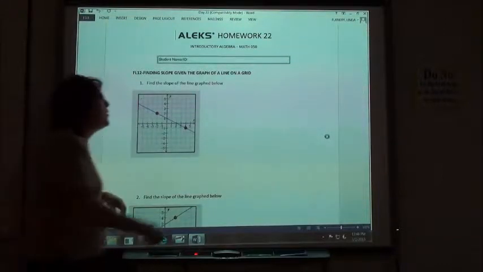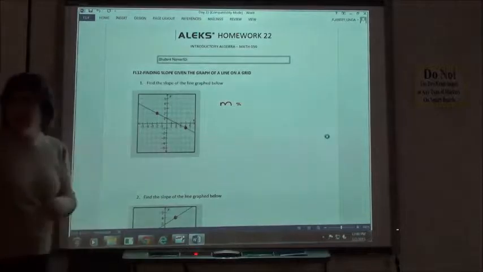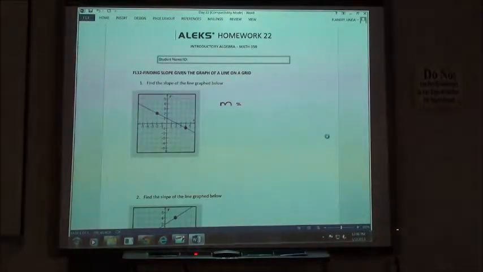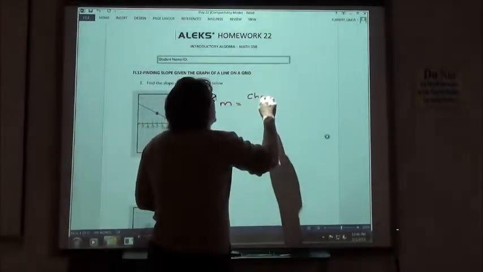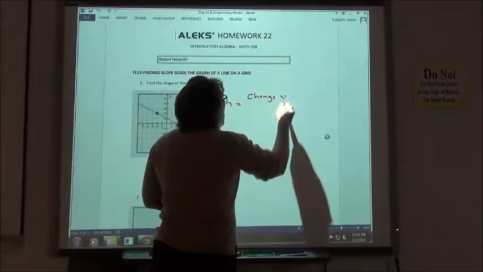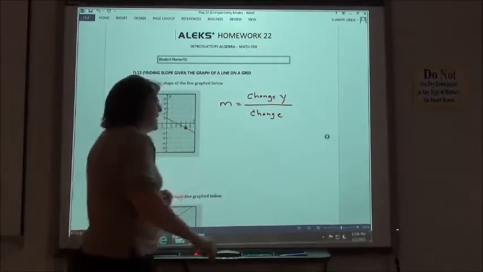So what they're going to tell you here is that, first of all, the symbol M is the symbol for slope. Makes no sense, but that's what it is, and that's why we have y equals mx plus b. M stands for the slope, that it's the change in the y over the change in the x.